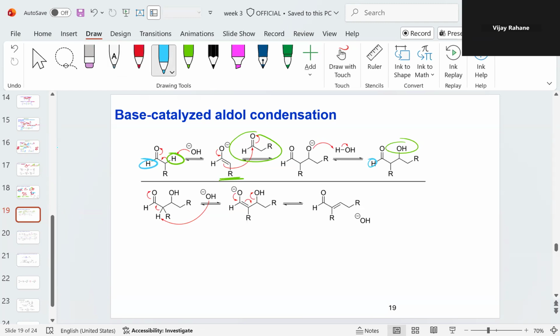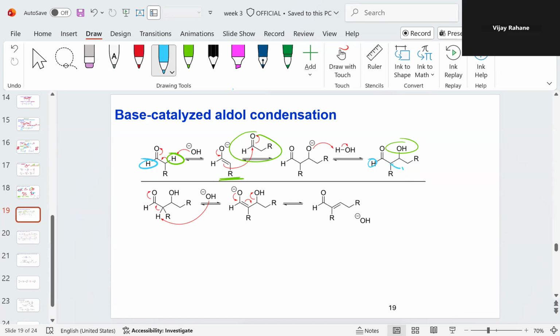Okay, if you get the beta hydroxy ketone or aldehyde, then upon heating, what happens? This proton is more reactive, so it can be further abstracted because in the base catalyzed reaction we have the base right here.